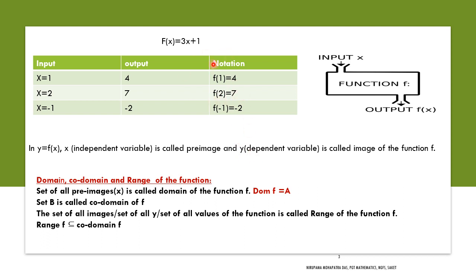So here the set of all x, like 1, 2, 3, -1, whatever we put here, these are the set of all inputs, we call it the domain. And the set of all values of the function, the set of all outputs, we can take as the range of the function. So range is always within the codomain of the function. Okay, so range may be equal to codomain, which we will discuss in specific cases. Otherwise range is always a subset, or it can be a proper subset, of the codomain of the function.